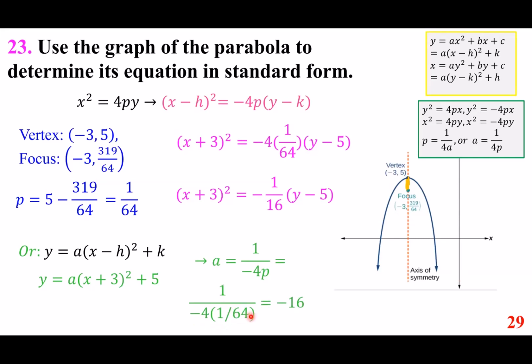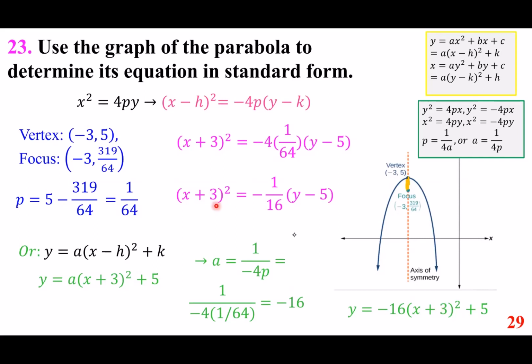So minus 4 times 1 over 64, and then it flips over and becomes negative 16, and we say y is minus 16 times (x plus 3) squared plus 5. So whatever route you take is fine, but you should be able to distinguish between the two methods and figure out the relationship between a and p. That's all you need.